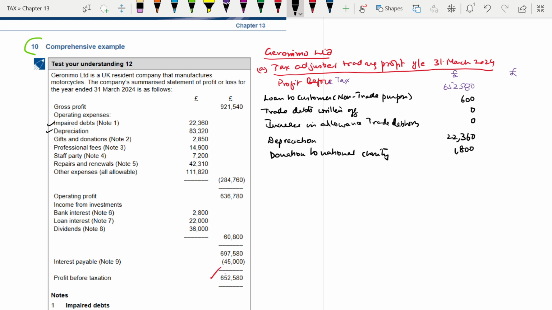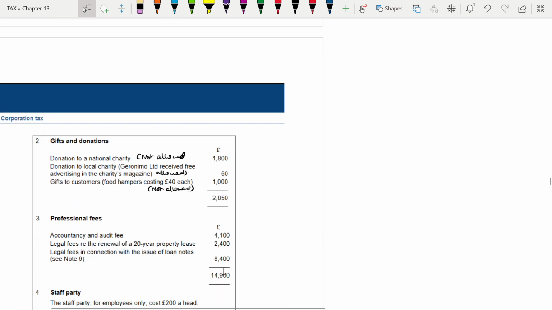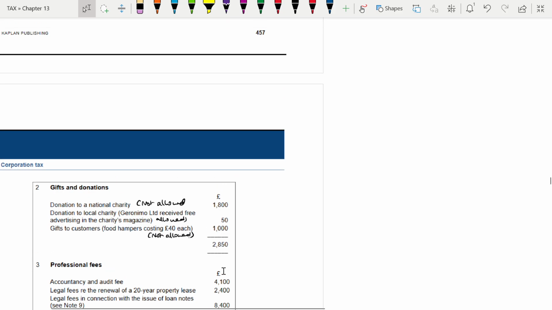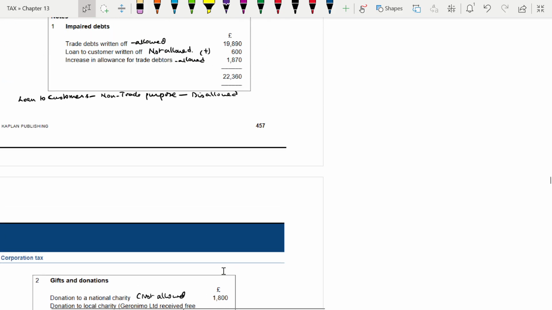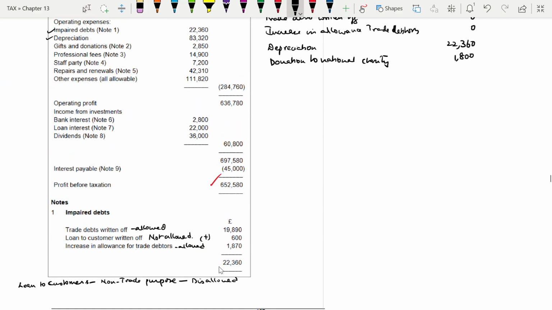Okay, donation to national charity. What is the second one? Donation to local charity. We don't add this on, no? Donation to local charity is allowed. Allowed means zero.